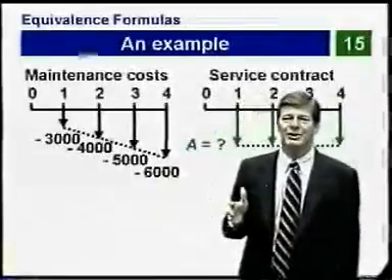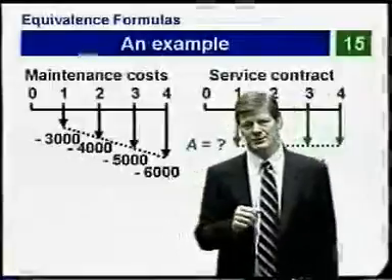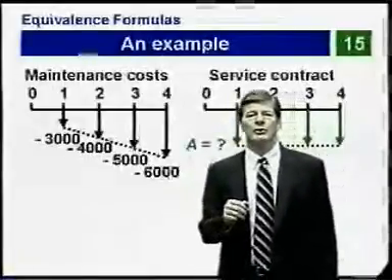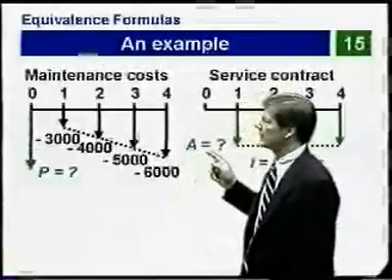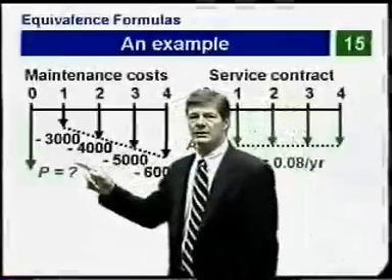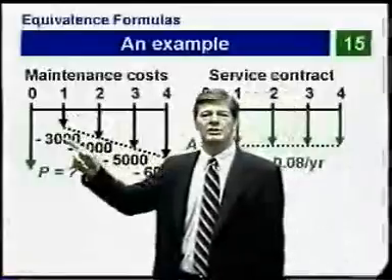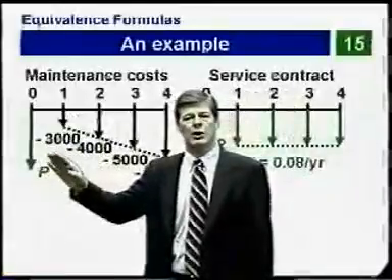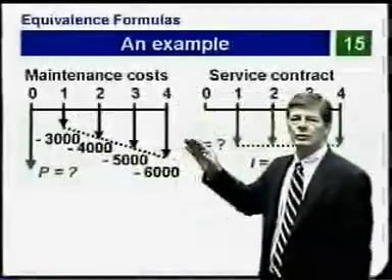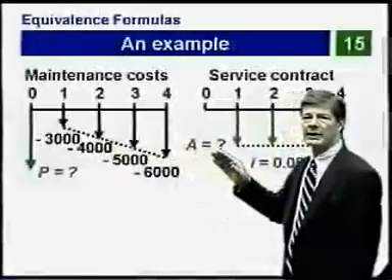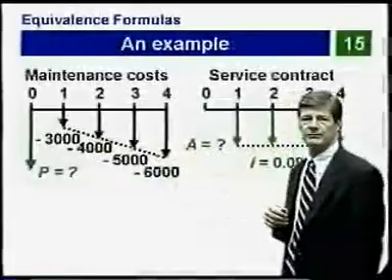There's a number of ways in which I can solve this problem. I'll do it two ways. First thing I'm going to do is I'm going to calculate a present sum P that's equivalent to this cash flow stream. Once I have that present sum P, I'll convert it then to an annual equivalent amount A over 4 periods.